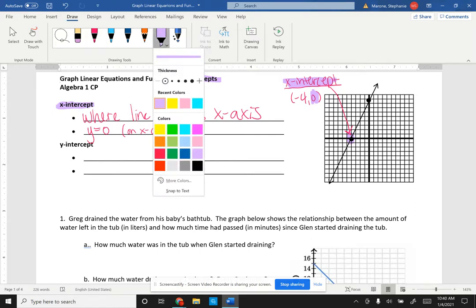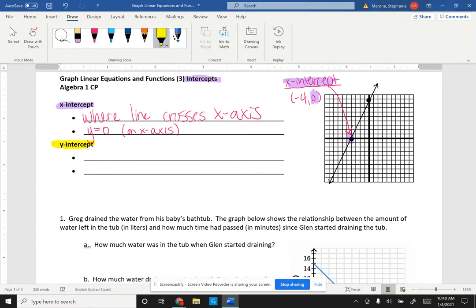Then there's the y-intercept. Just like the x-intercept, the y-intercept is on the y-axis. For this one, we don't go left or right at all, and we go up 9. So the y-intercept is on the y-axis.